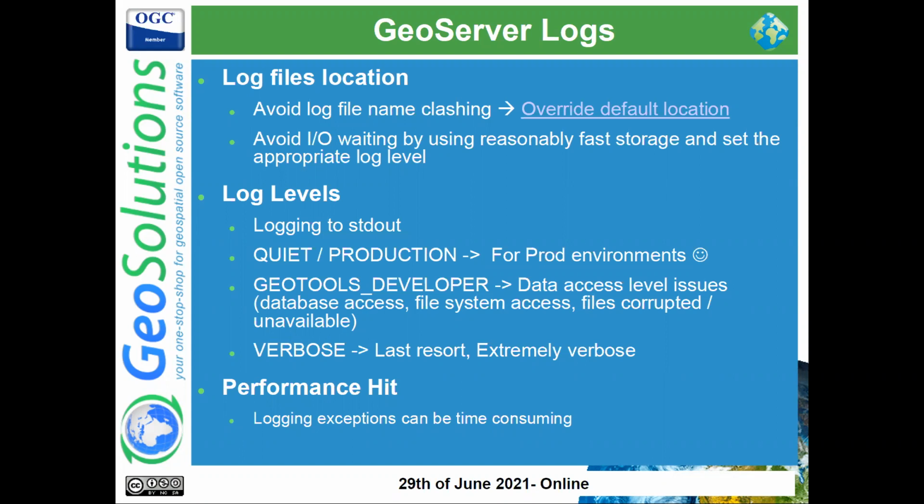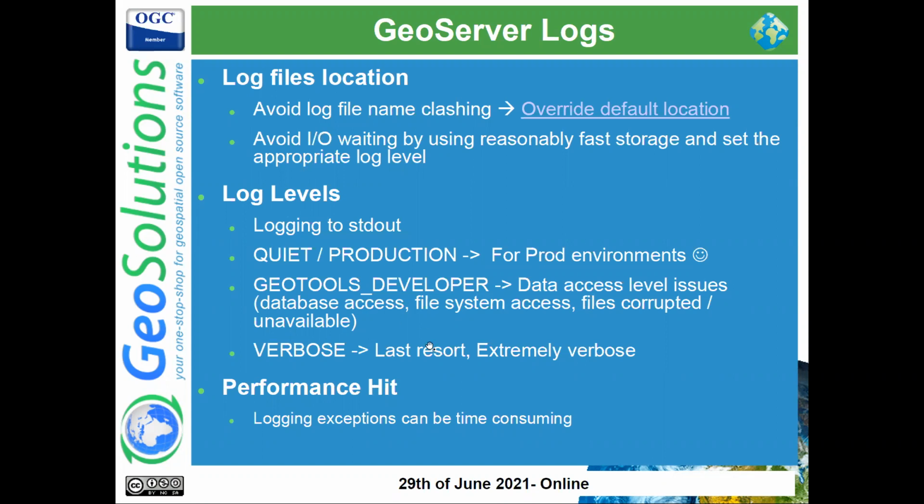The web application logging to standard out will result in the catalina.out file being written. So you will end up with a duplication of all the log statements in the two files, which is generally speaking undesirable, for performance reasons as well as disk usage, so storage usage reasons.